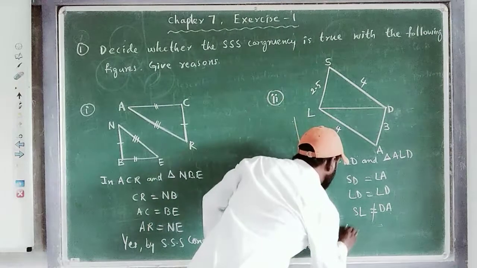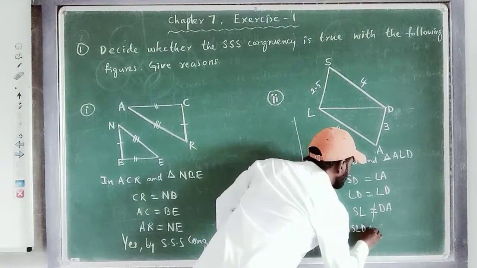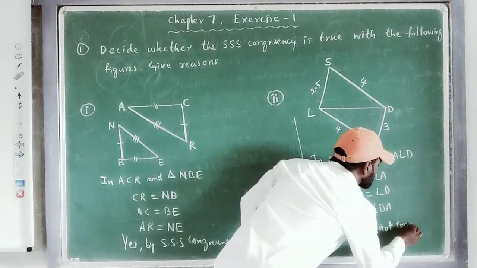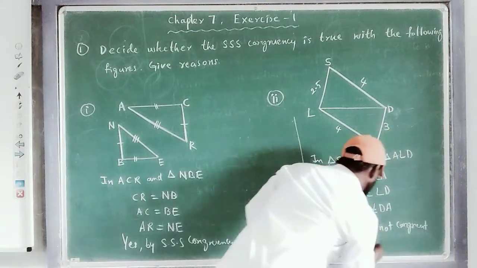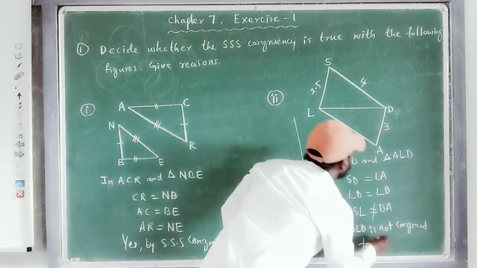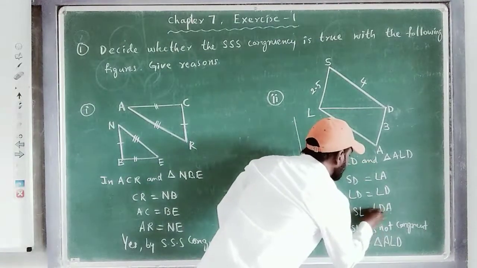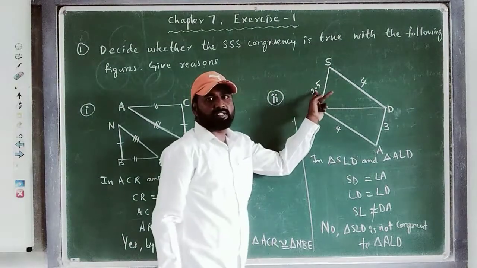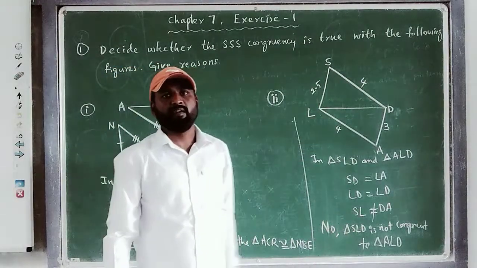So no, triangle SLD is not congruent to triangle ALD, because here it fails. Here 3, here 2.5. Both are not the same. That is why they are not congruent triangles.